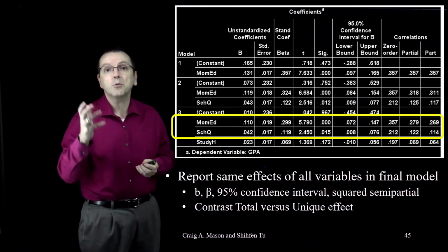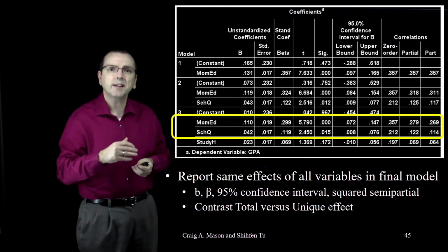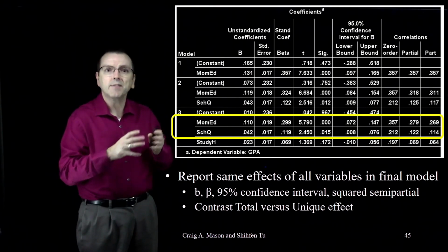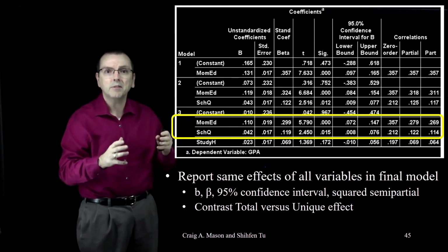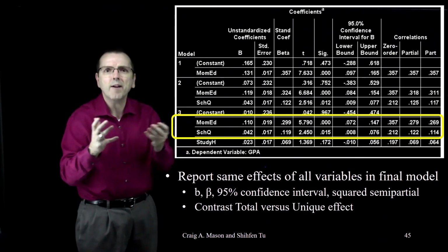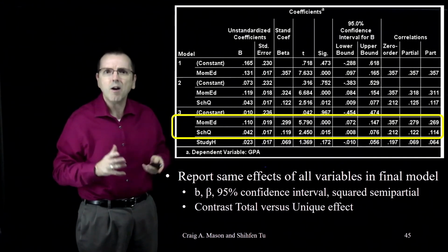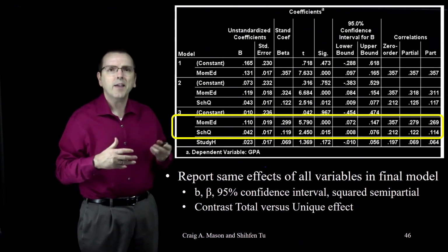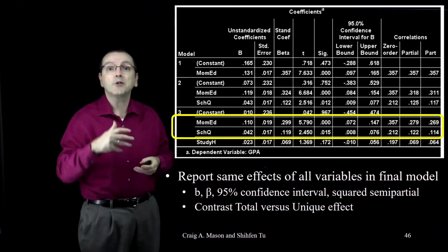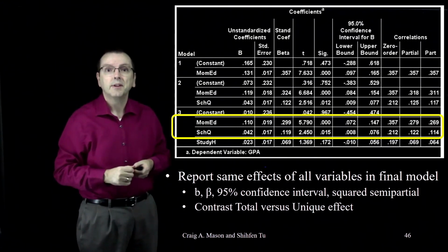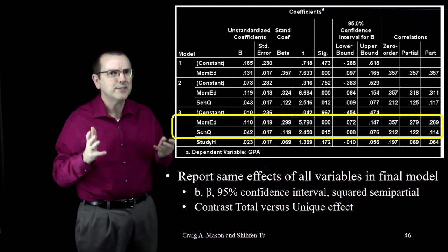For example, if the direct effect is a lot smaller than the total effect, it suggests that the indirect effect a variable has on the outcome through other variables in our model, the effect or variance it shares with those other predictors, may be relatively large, right? On the other hand, if there's little difference between the total effect and that direct unique effect, it suggests any indirects are probably relatively small.